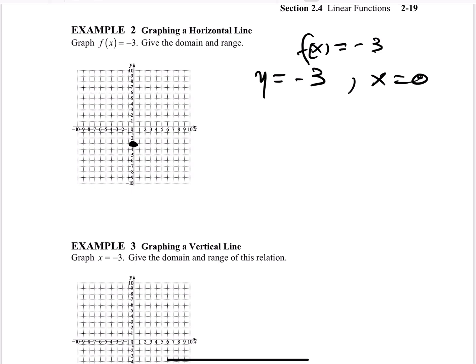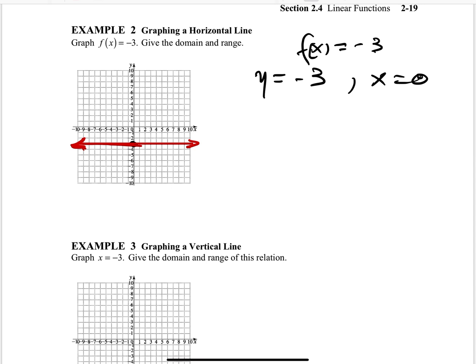So now they ask you to graph. If you have to graph this one, it will be parallel to the x-axis. It's a horizontal line, okay? We have the graph here, and just make sure you put the arrow. The arrow means it will go forever, it won't stop.